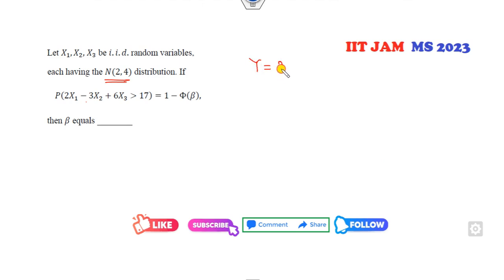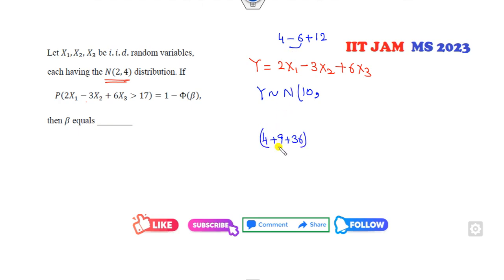Again they are normal distributions. I consider this to be y, which is 3x2 plus 6x3. So what is the normal distribution of y? The mean is 2 times 4 minus 6 plus 12, so it's minus 2, it's 10. Fine. So variance will be 4 plus 9 plus 36 times 4, so 49 times 4.